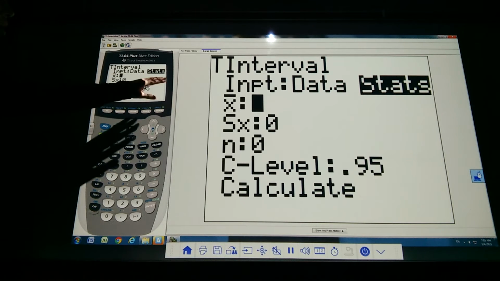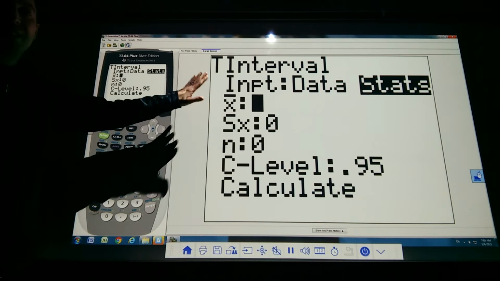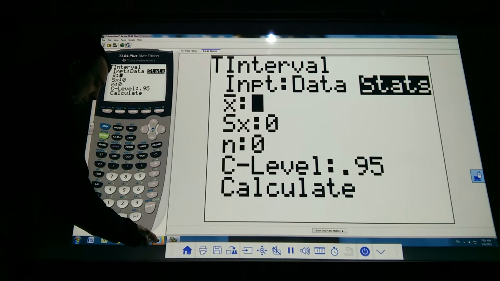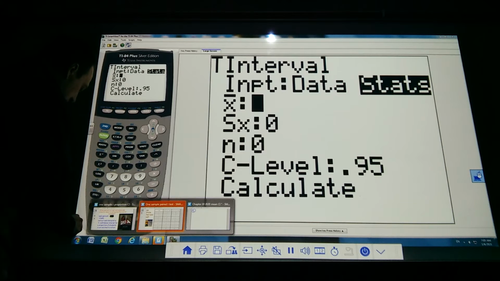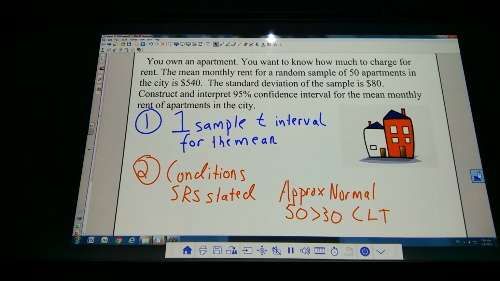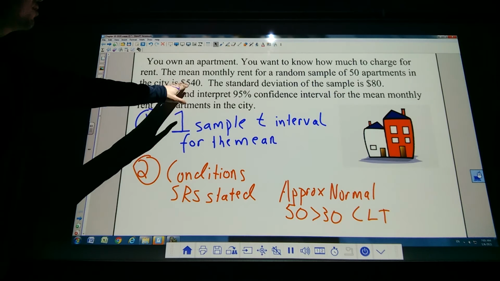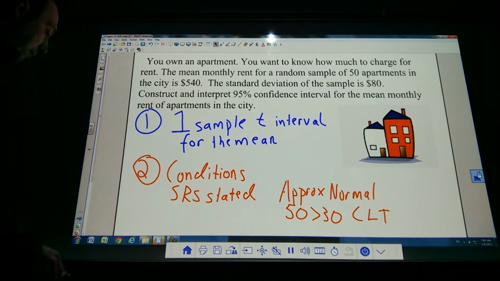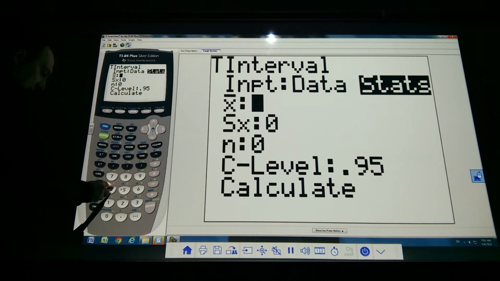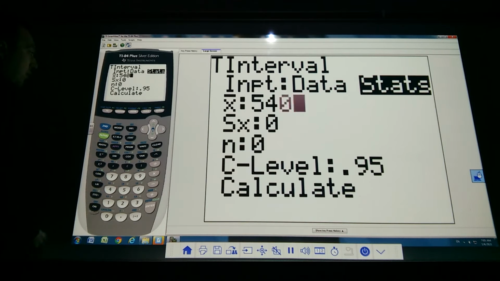The x bar is the sample mean. So you go back to the original problem. What was the sample mean? We took a sample, and 540 is our sample mean. So we put 540.